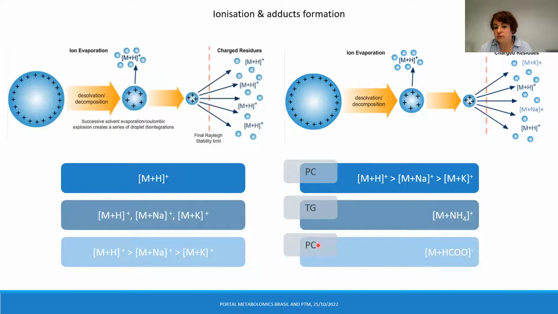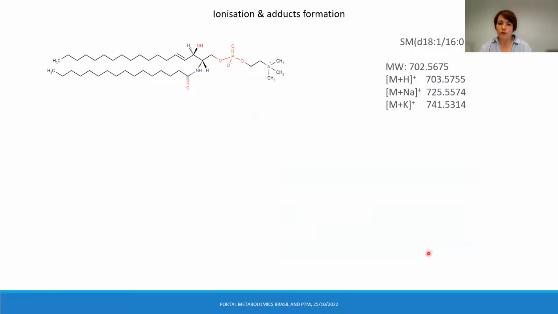In terms of phosphocholines in negative ion mode, if we add formic acid to our mobile phase, they will be ionized with formate, but never by deprotonation. Therefore, knowing how different lipid classes behave in terms of ionization and adduct formation, we can define some rules that can be used in the annotation process.